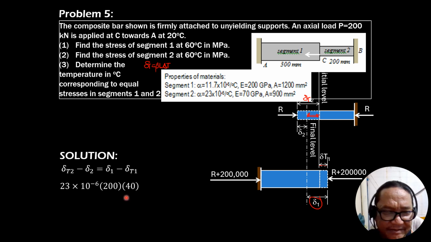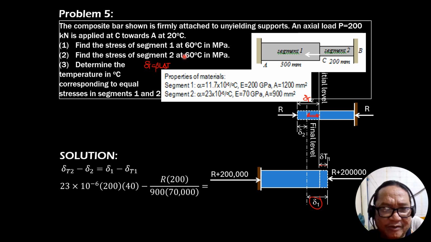Then times 200 times delta T, where delta T is 40, equal to final temperature minus initial temperature 20, so that's why we have 40 here.